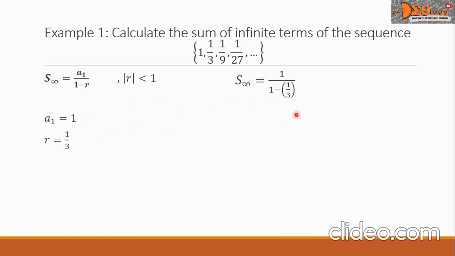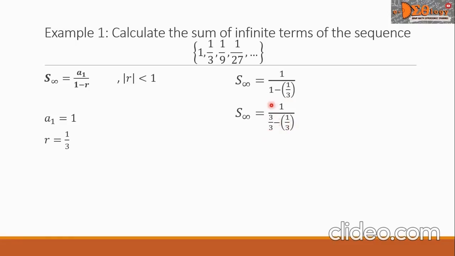Let us simplify further. Let's begin with our denominator. This whole number 1 we will convert into a fraction with the same denominator as 1/3. So what we'll do is multiply this 1 with 3 and put the answer in the numerator of the fraction here. All over, we will simply copy this denominator 3 in here.